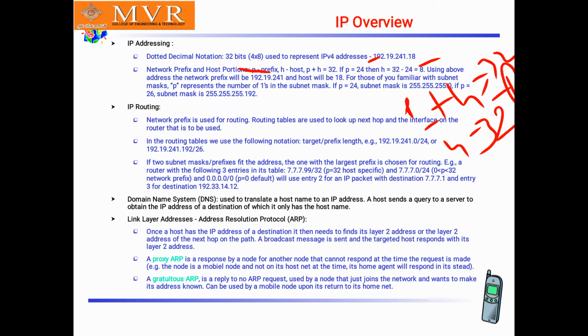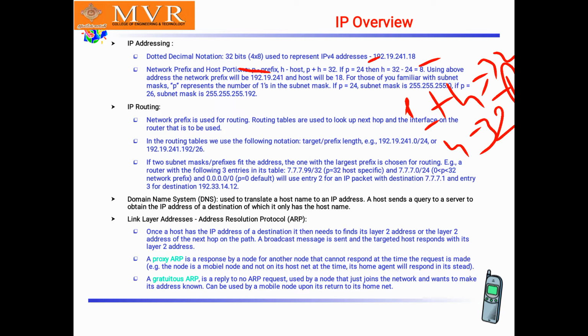Next, the link layer address resolution protocol, ARP. Once a host has the IP address of the destination, it then needs to find the layer 2 address of the next hop on the path.